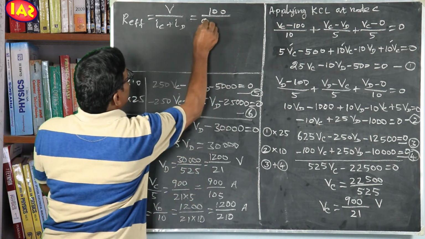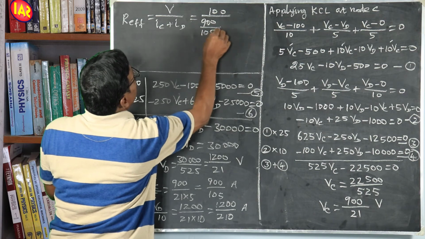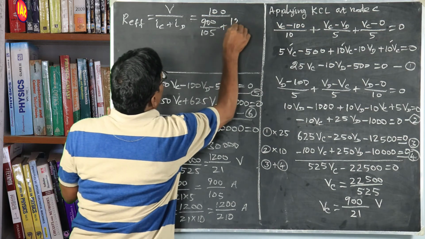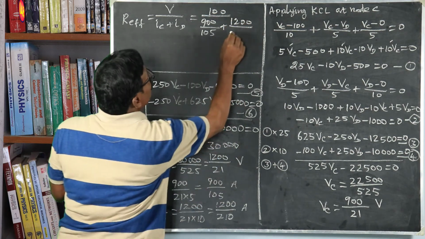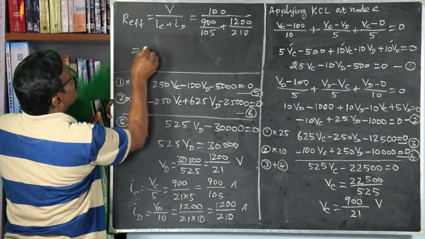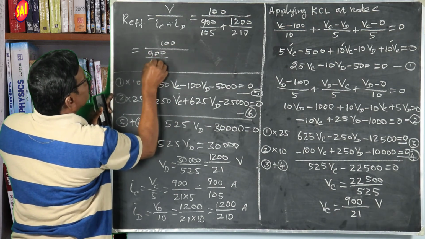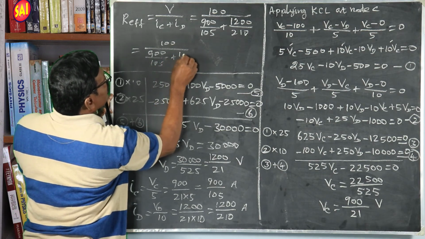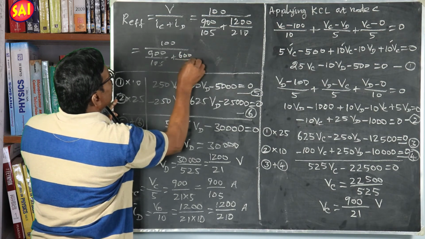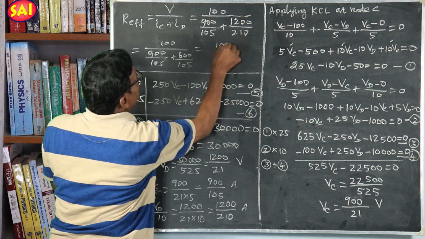IC is 900 by 105 plus 1200 by 210, which means 600 by 105.